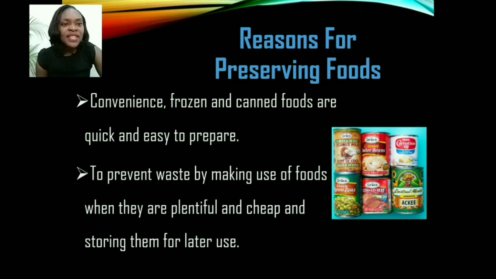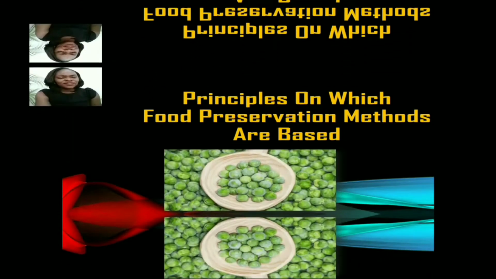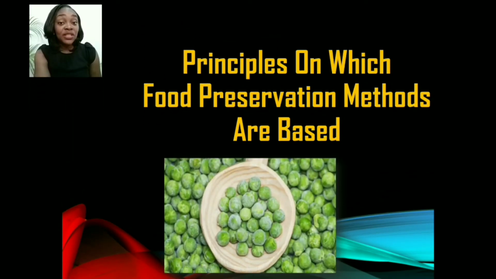Next, convenience: frozen and canned foods are quick and easy to prepare. And to prevent waste by making use of foods when they are plentiful and cheap, and also to store them for later use.